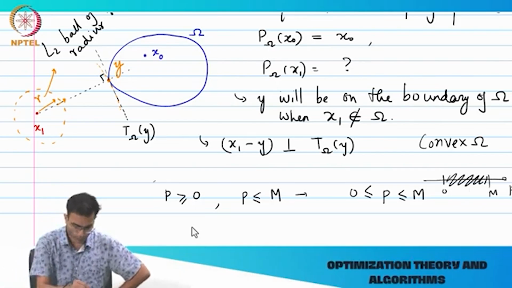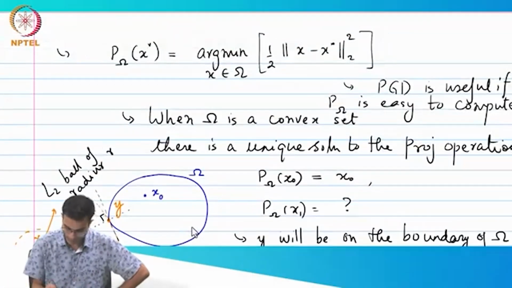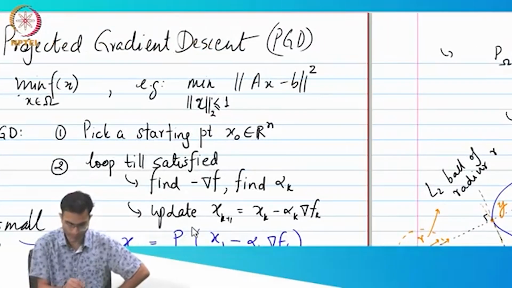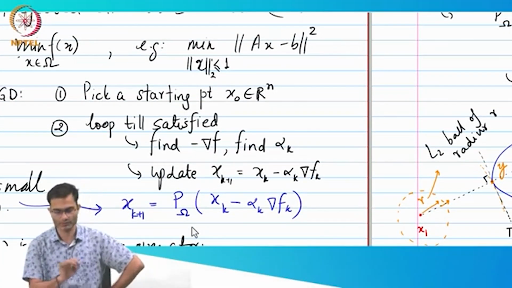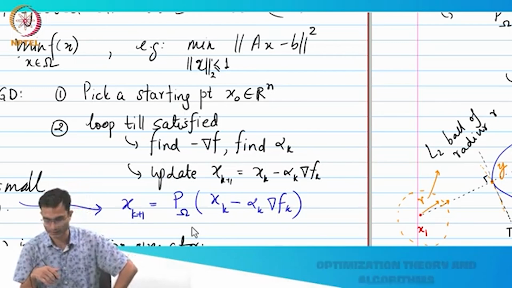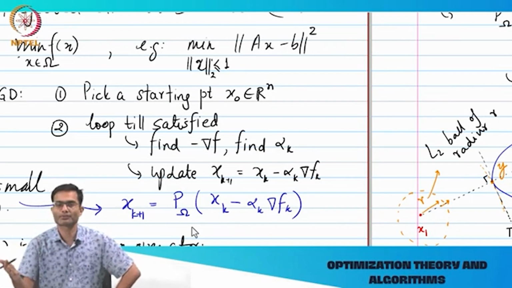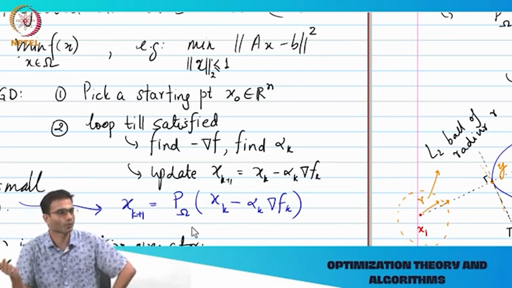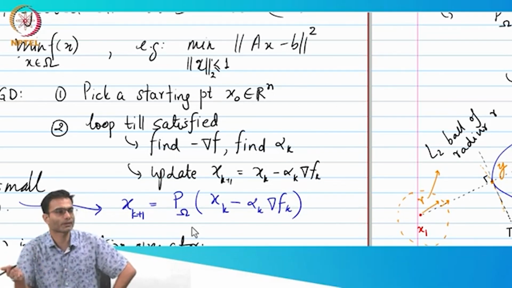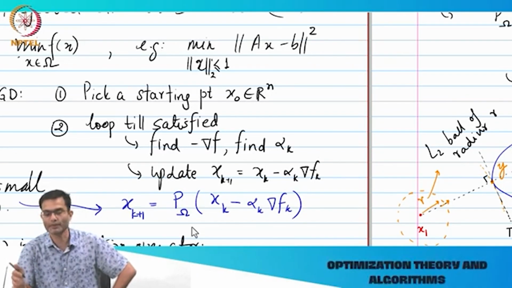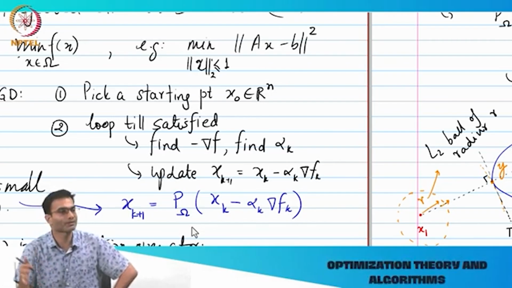Now, if you look back here, I've simply defined the projected gradient descent algorithm, which is fine. At this point, I've just given you some information. We haven't proved it. Why should this work is the first question that should come to your mind. This looks almost too simple for it to work, right? So I'll give you a proof of why this works.